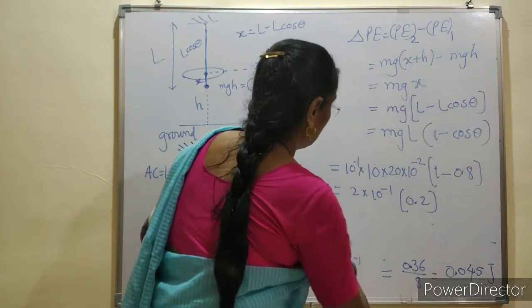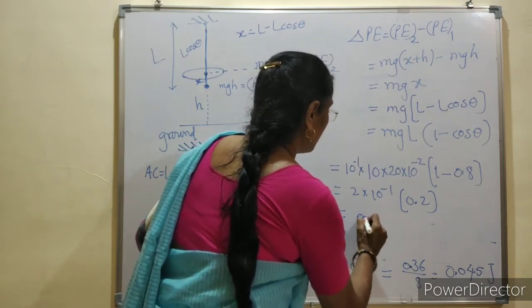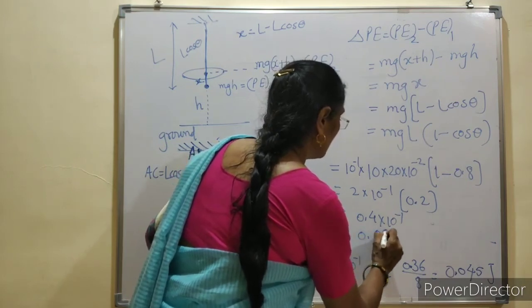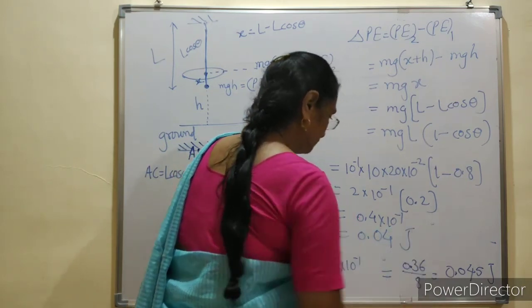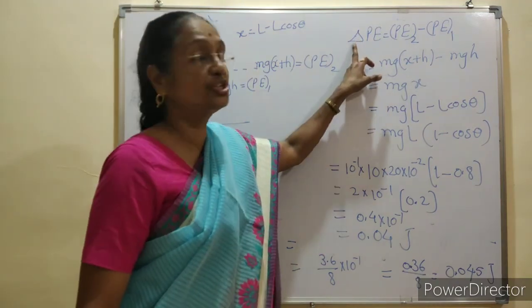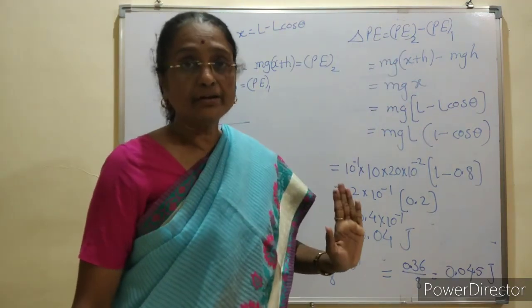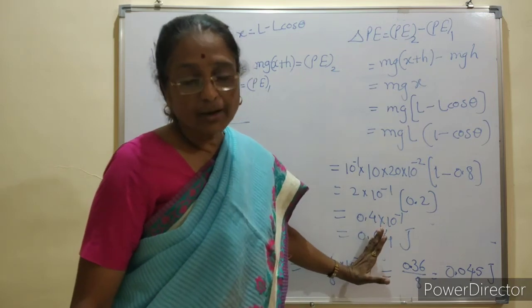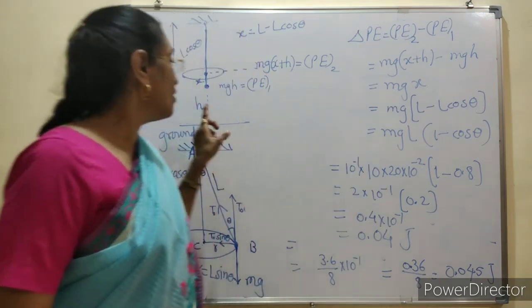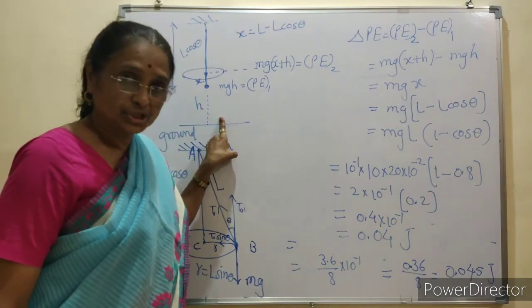So we get the potential energy as 0.4 into 10 raised to minus 1, or 0.04 joule. So this is the change in potential energy. Calculations are simple, but you have to revise the concept of potential energy.